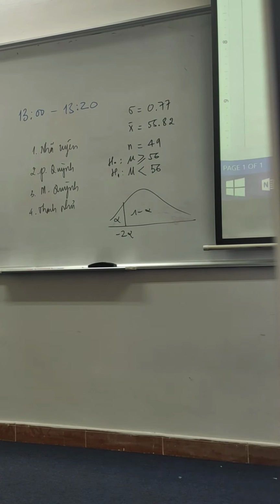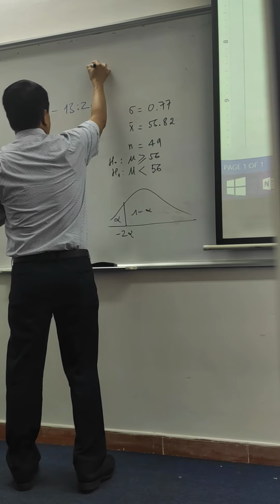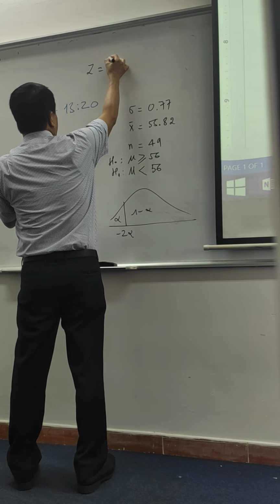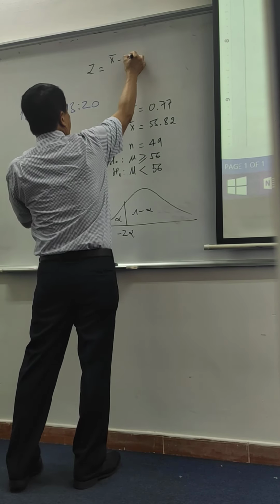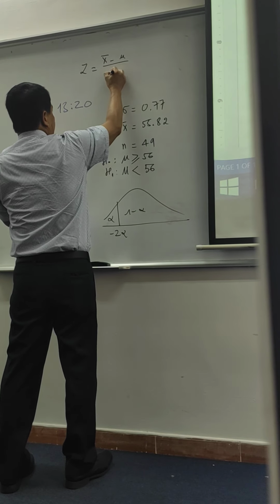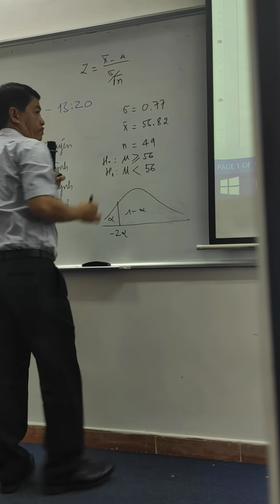We calculate the z. Z is calculated by this formula: z equals x bar minus mu divided by sigma over the square root of n.